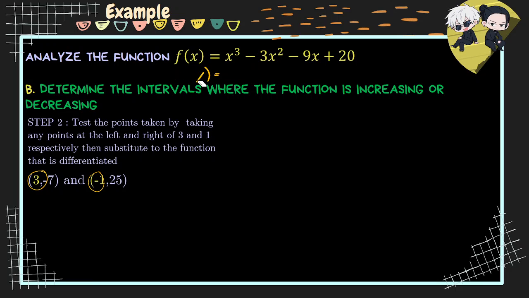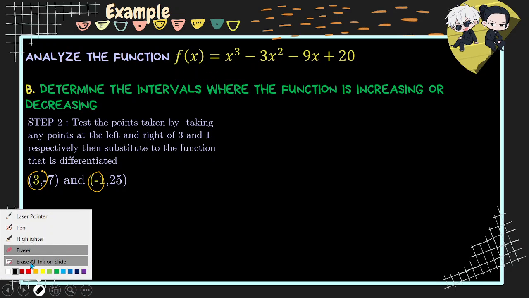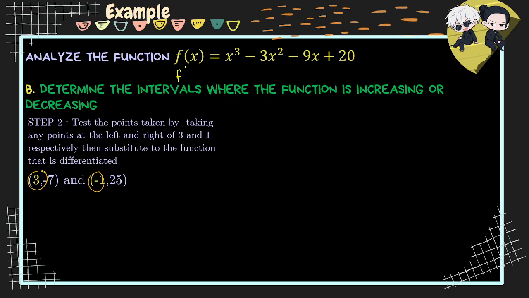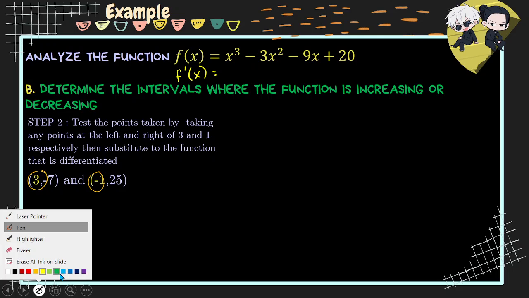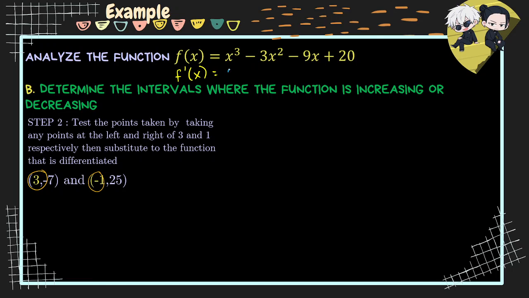Diba, magkakaroon ako ng f prime of x that is equal to 3x squared minus 6x minus 9. Tama? So, this is the differentiated function. Therefore, dito natin isa-substitute si critical points natin.